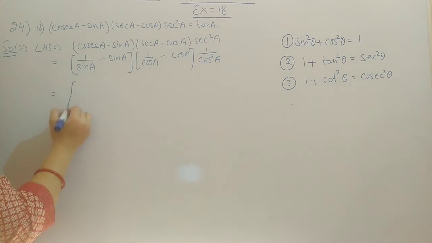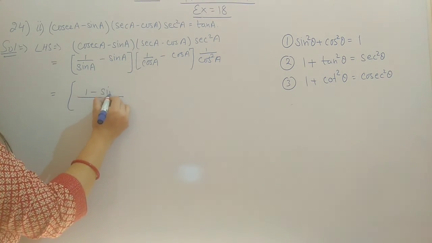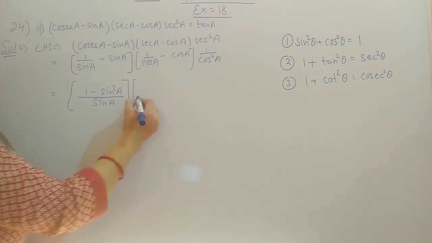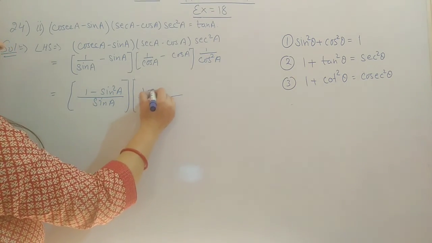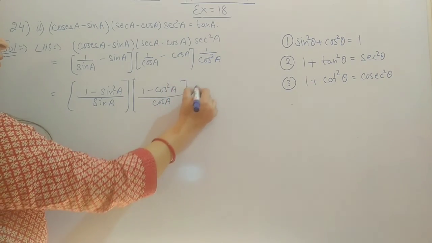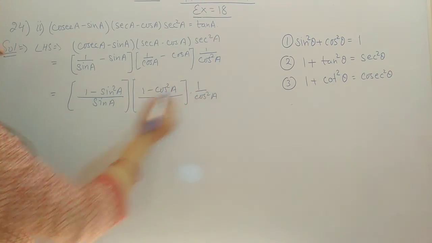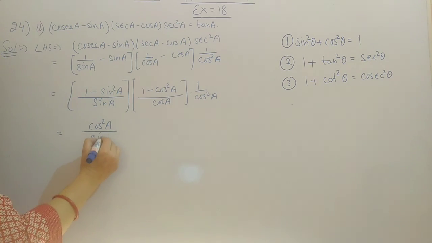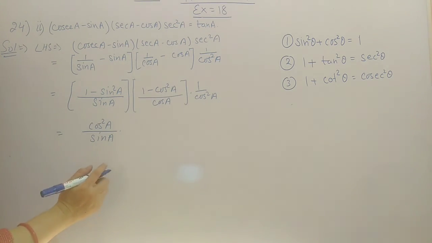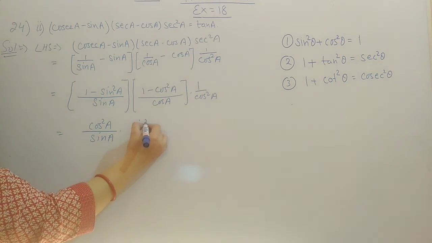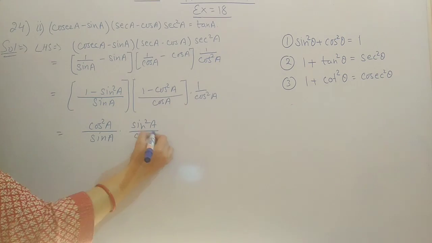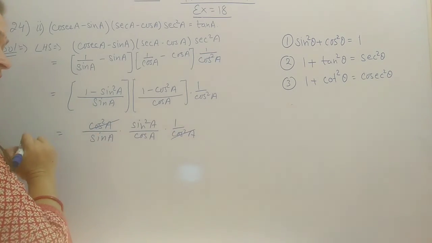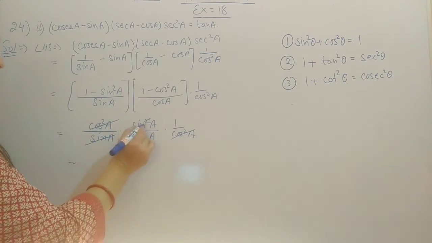Now within the first bracket if you take the LCM you will get 1 minus sin square A by sin A. In the second bracket after taking the LCM we will get 1 minus cos square A by cos A, and 1 by cos square A. 1 minus sin square A is equal to cos square A by sin A. This 1 minus cos square A will be equal to sin square A by cos A, and this will be as it is, 1 by cos square A. So you can see cos square A to cos square A we can cancel, one sin also will cancel out and we have sin by cos.